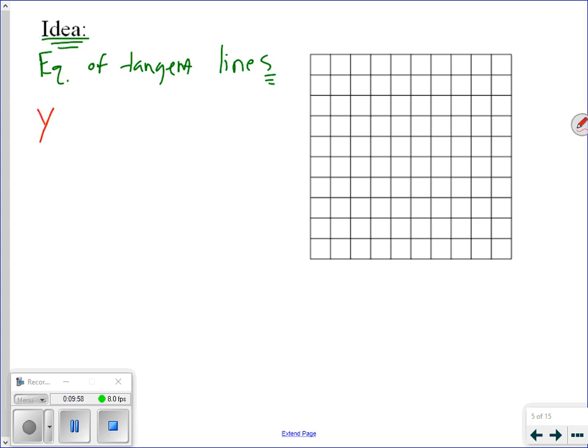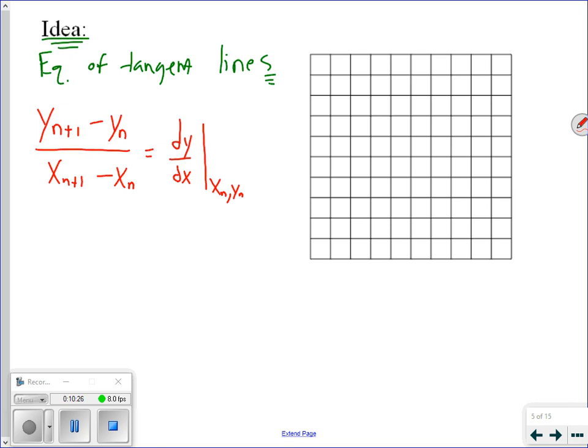We said if we wanted to know the point y sub n plus 1, we did the slope formula: y sub n plus 1 minus y sub n over x sub n plus 1 minus x sub n. And we knew those 3 points. And it equaled the slope. And the slope that it equaled was the slope at the point (x sub n, y sub n). This notation right here literally just means the slope at the current point.